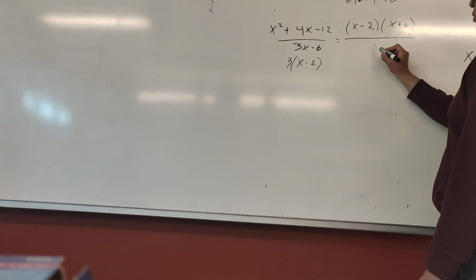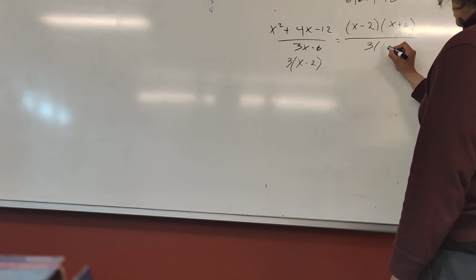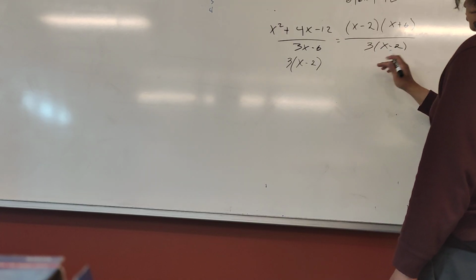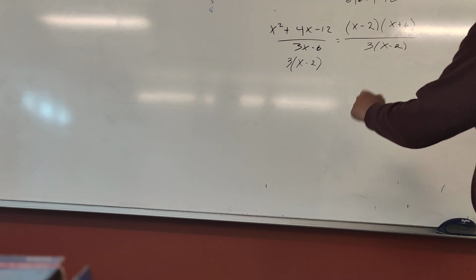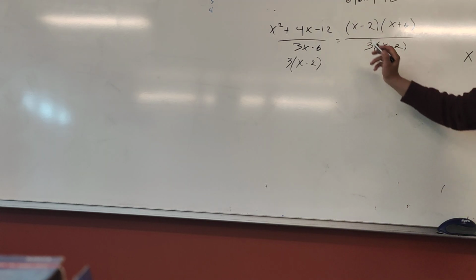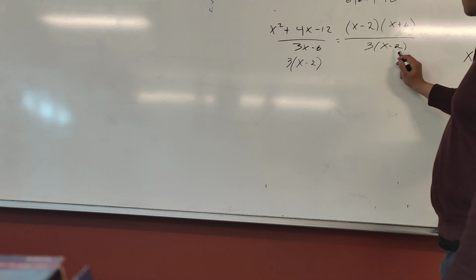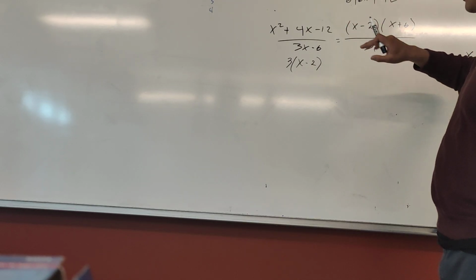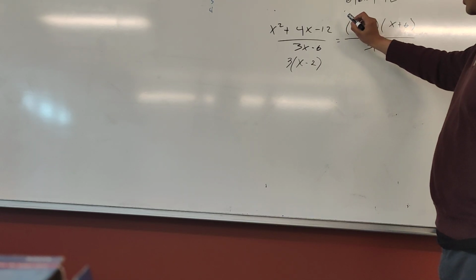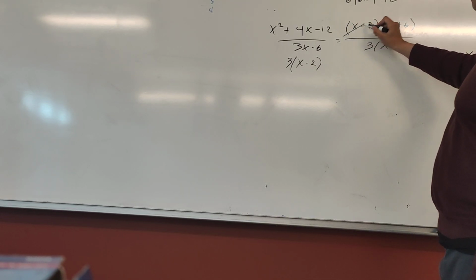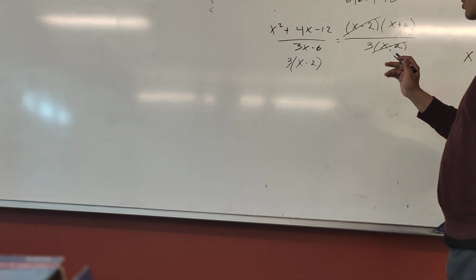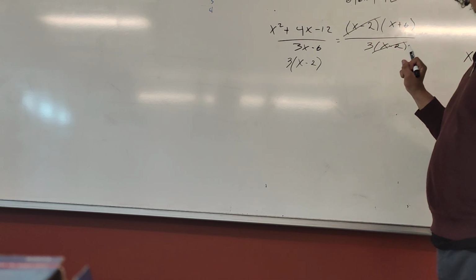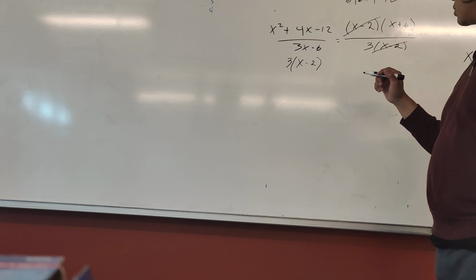But here, we have x minus 2. Then 3 times parentheses x minus 2. Since we have x minus 2 in the numerator and x minus 2 in the denominator, we can basically cross them out. Because if you divide these, it gives you 1.